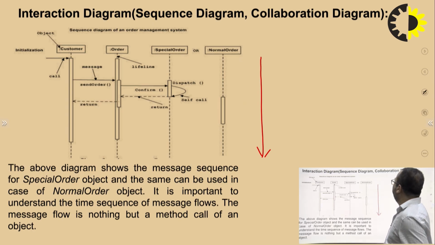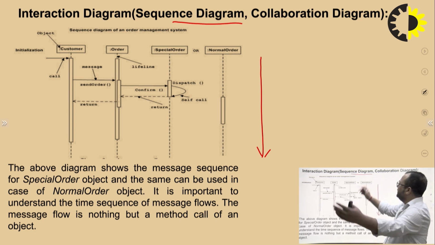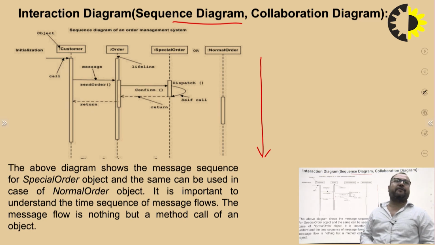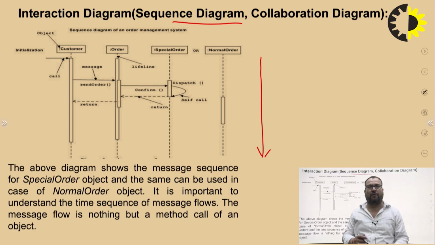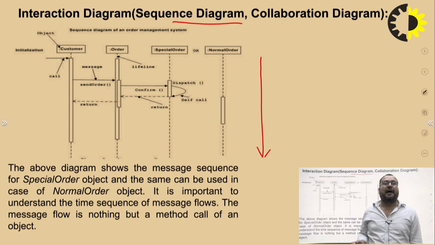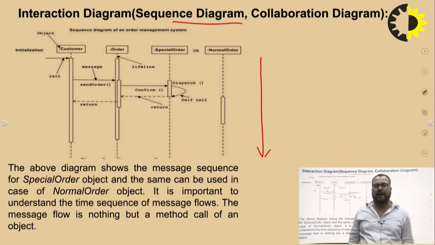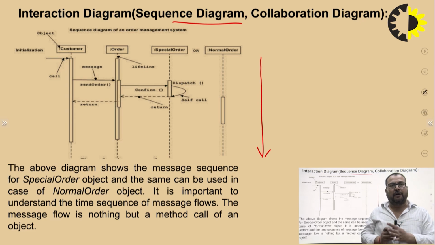Okay, so basically the interaction diagram has two types: sequence and collaboration diagrams. In a sequence diagram we simply have the flow from start to last, and a collaboration diagram is also a flow diagram, but in the collaboration diagram we simply put numbering, let's say 1, 2, 3, 4, 5.